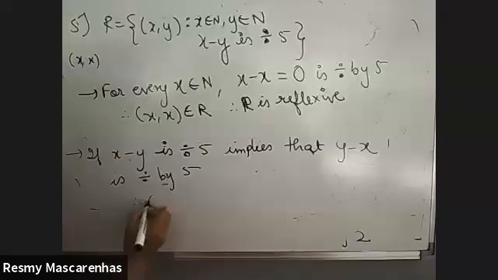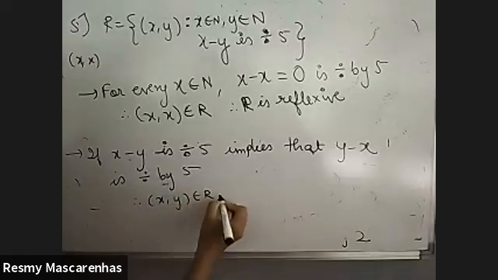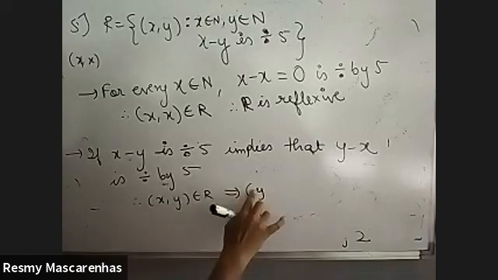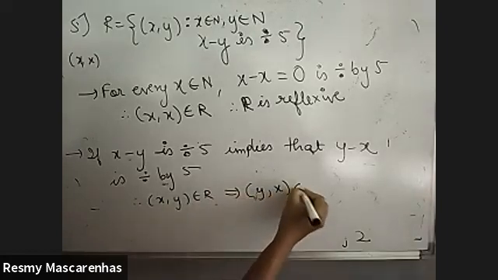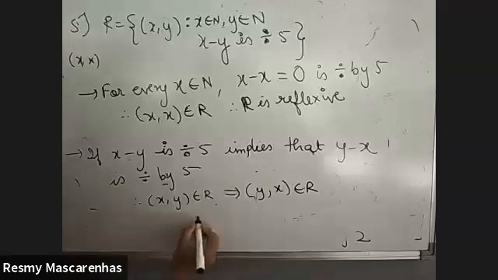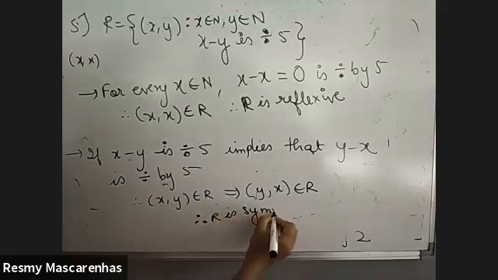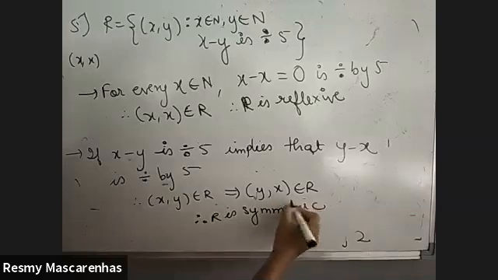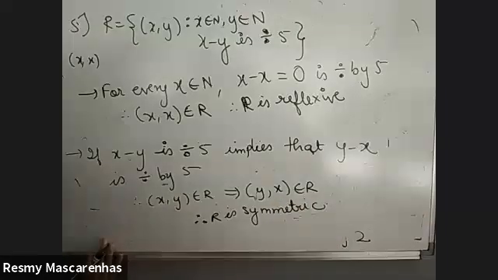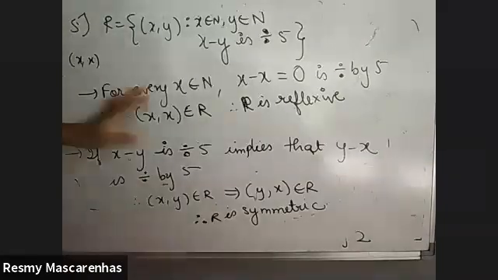Therefore, if x comma y belongs to R, implies that the reverse is also working out. Therefore, R is symmetric. Okay, so these two are simple enough.